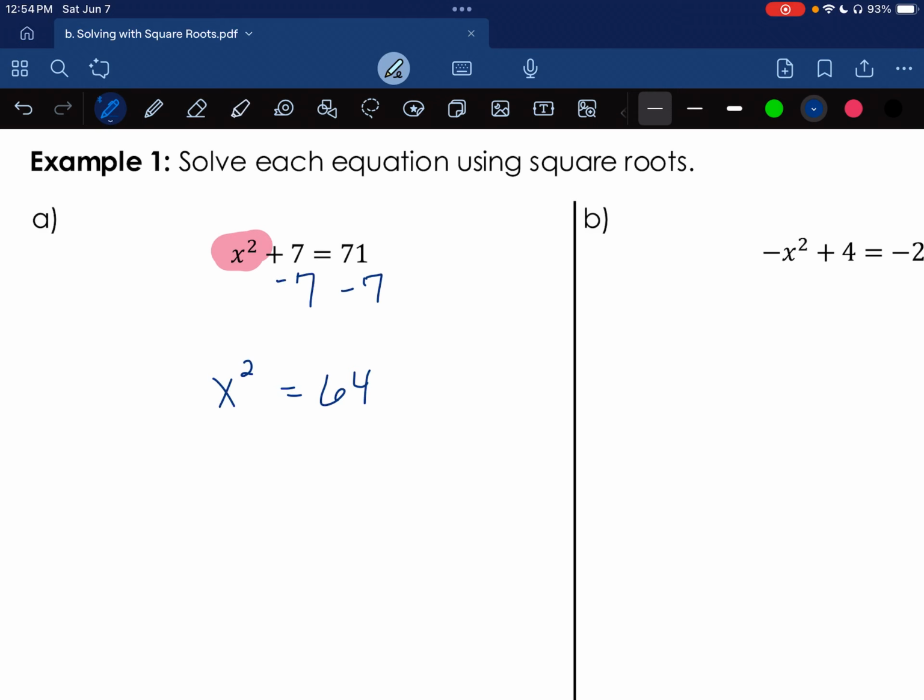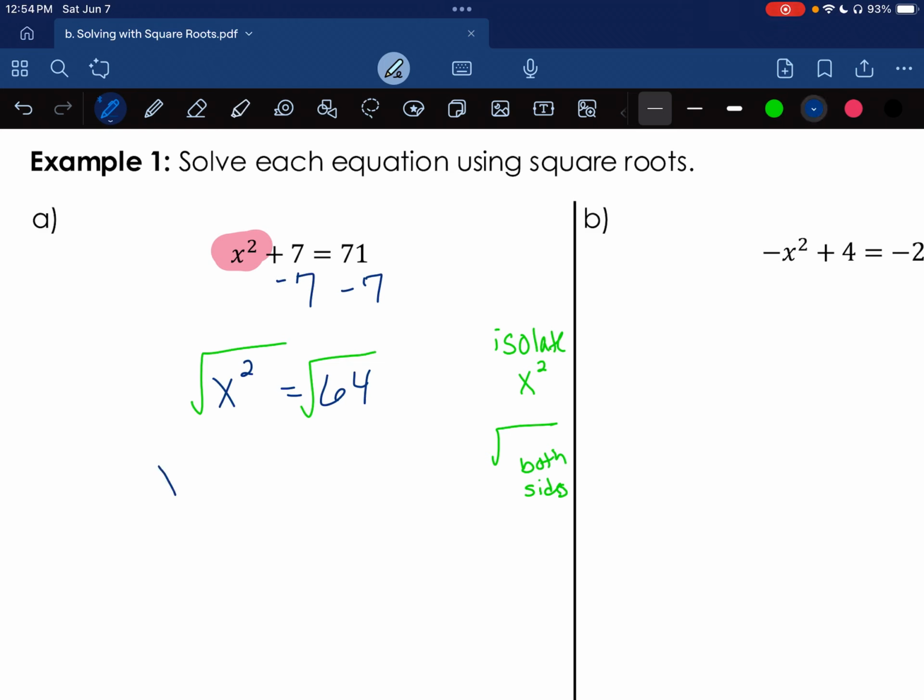Now, if we're thinking about our steps, that's the first one, isolate the x squared term. Now I'm going to square root both sides of the equation, right? Because if I do it to one side, I have to do it to the other as well.